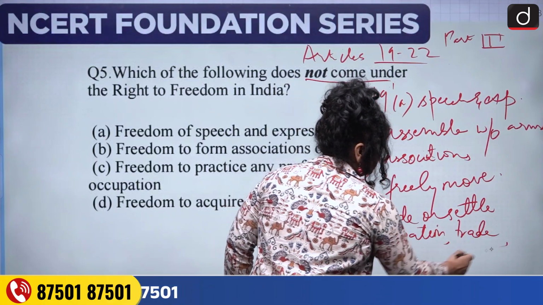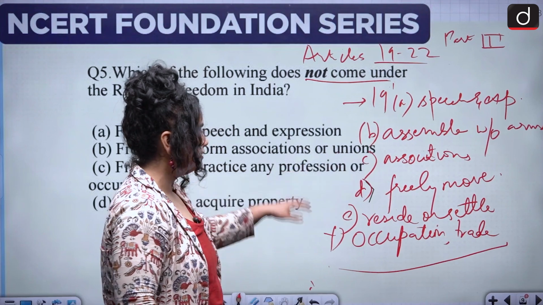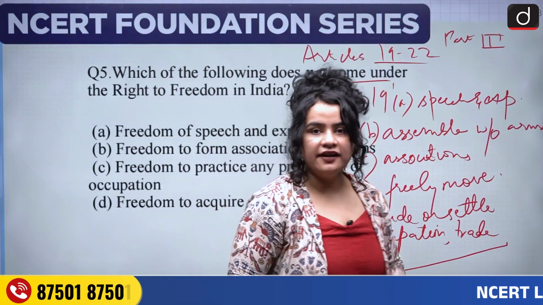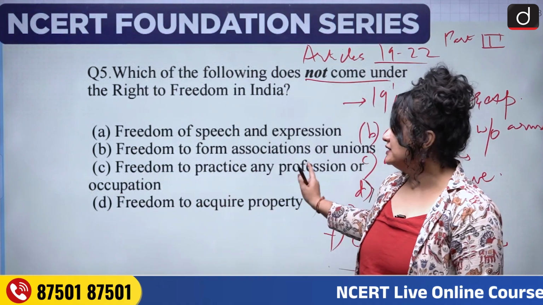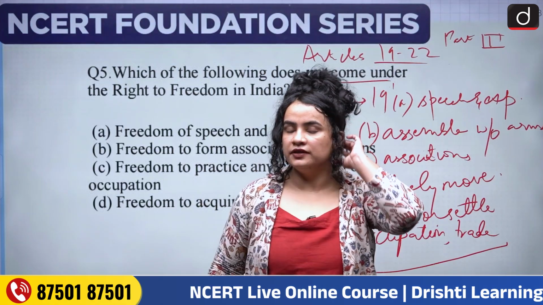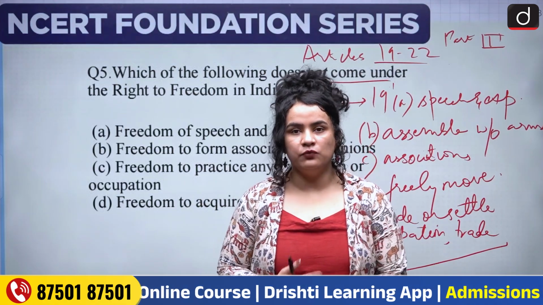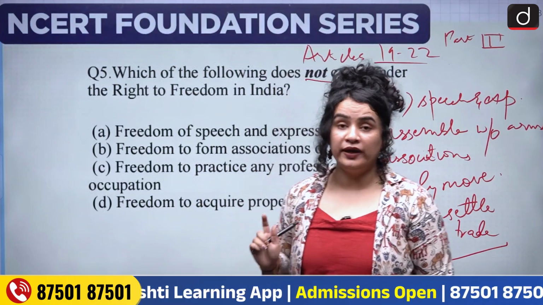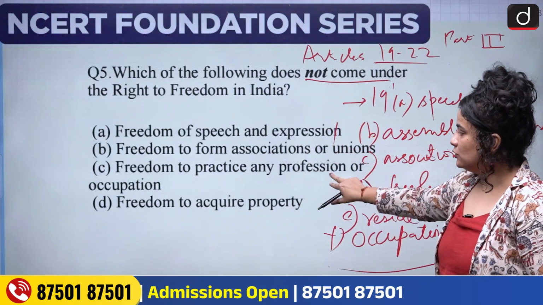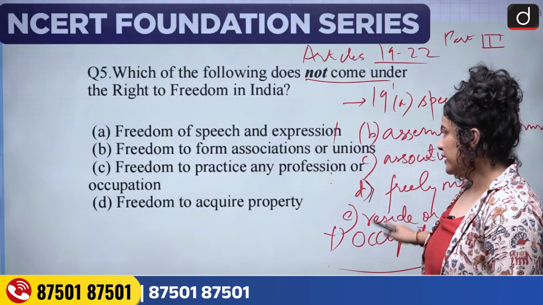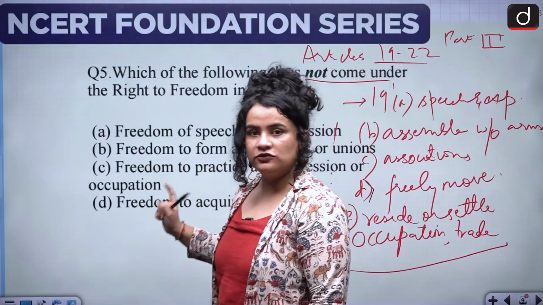So these are the six guarantees provided under Article 19 itself. There are also Articles 20, 21, 21A and 22, but for this question, knowing these guarantees is going to serve our purpose.